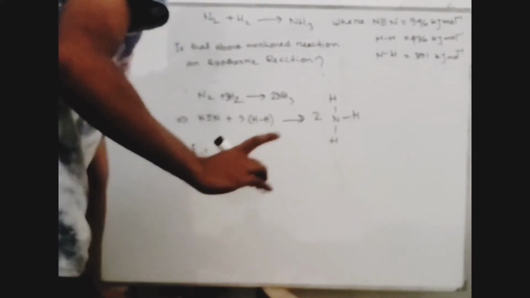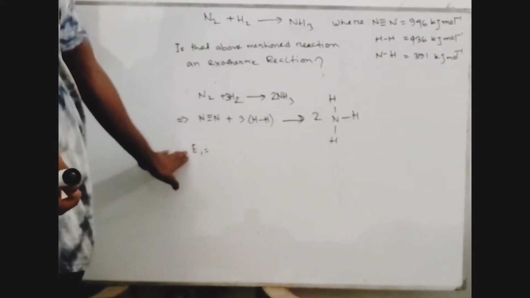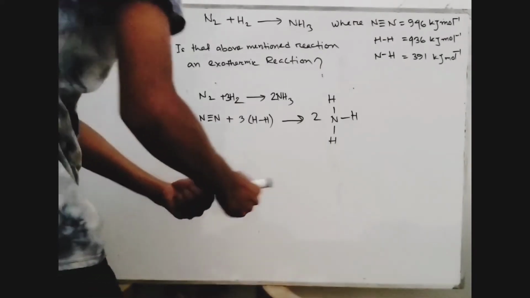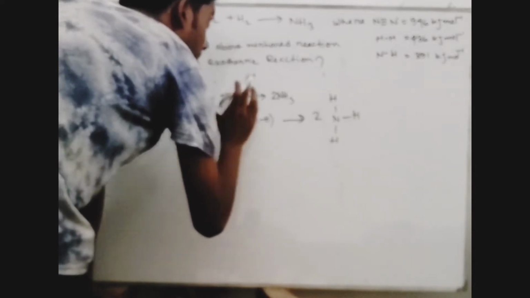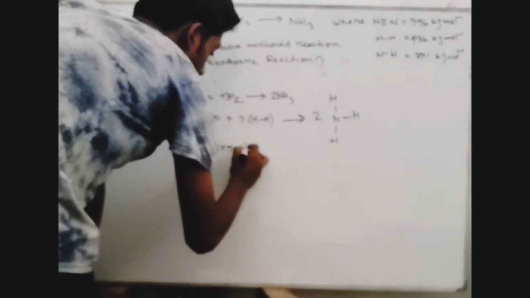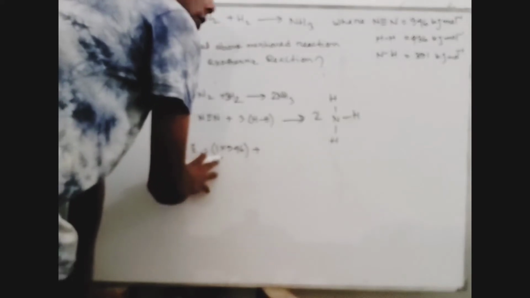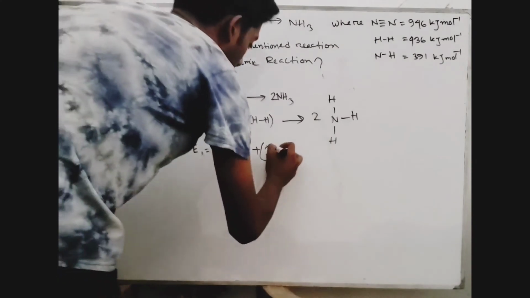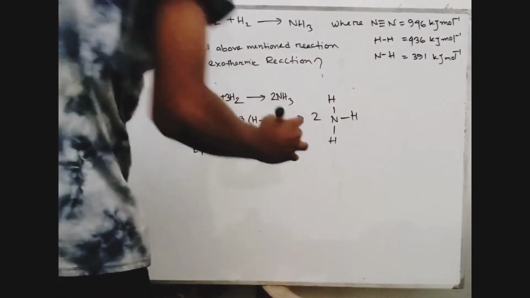E1 equal to, what do you mean by E? E is just for denoting the heat, the energy, of breaking down. So the nitrogen triple bond has a value 946, 1 into 946. There is no coefficient, so we have considered it 1. And here there are 3 moles, and the hydrogen-hydrogen bond magnitude is 436.